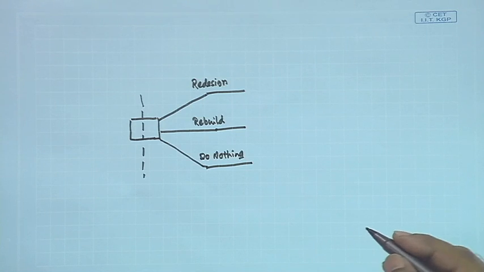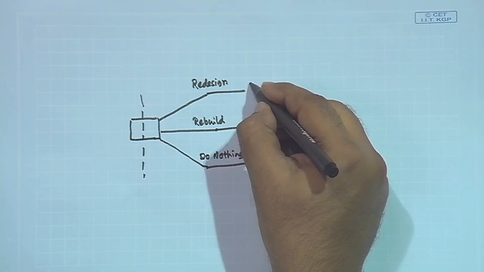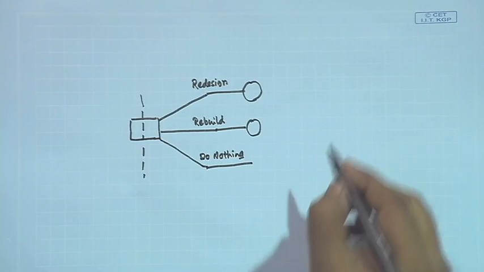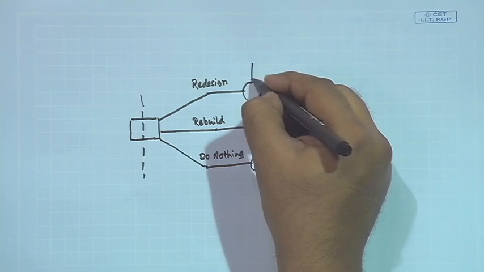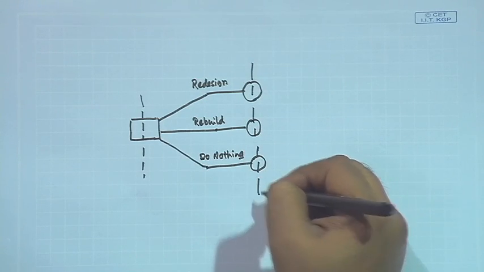So, these are our 3 decisions, and for each of these decisions there are 3 states of nature, not decision points. So, there are 3 states of nature.